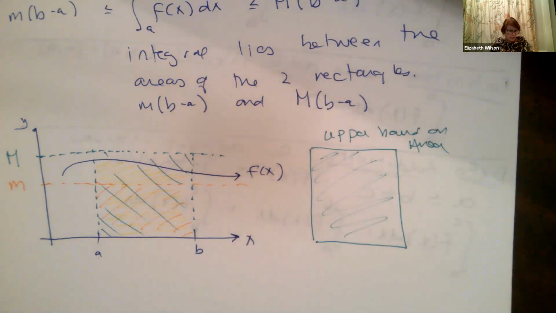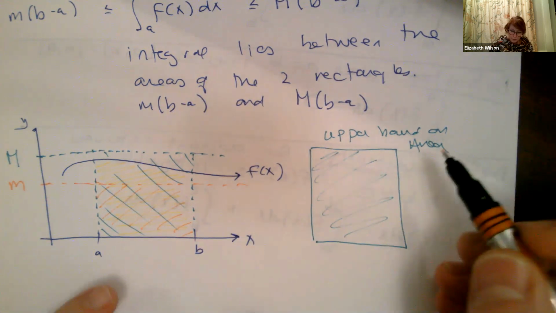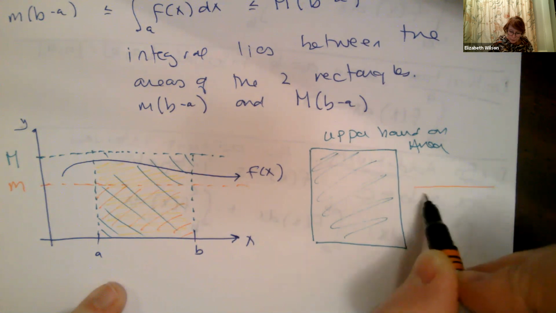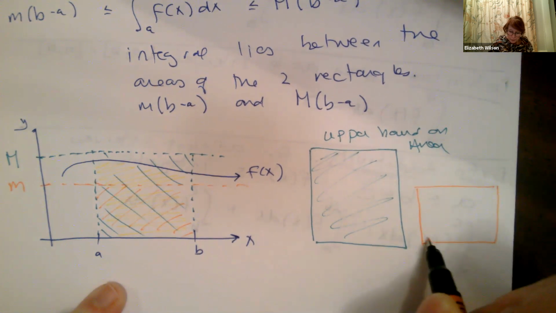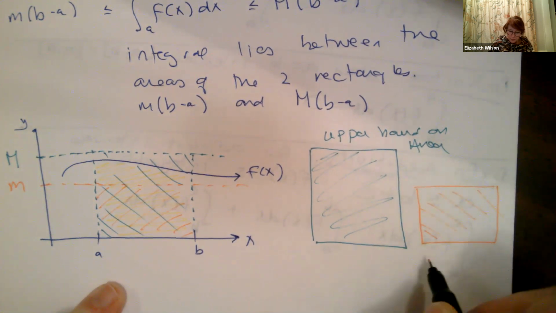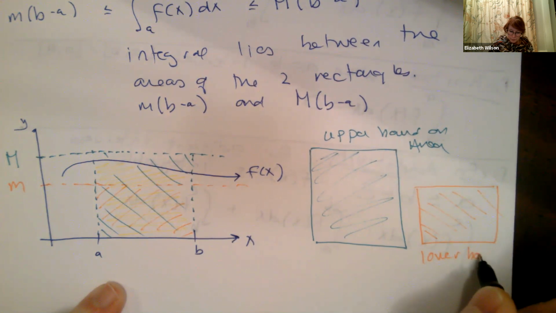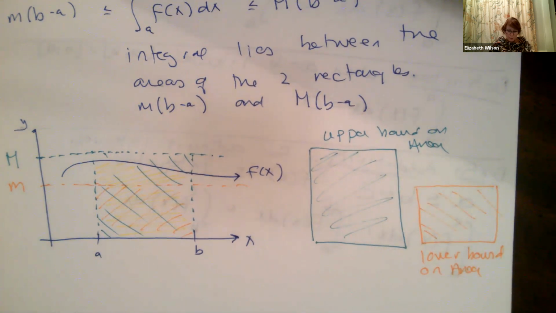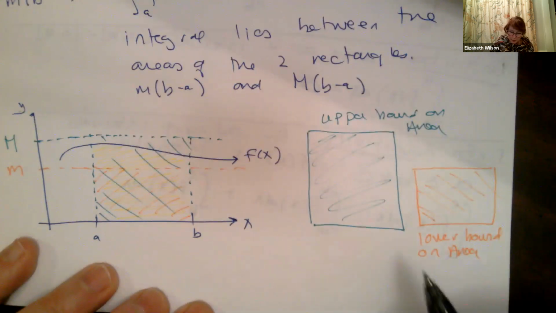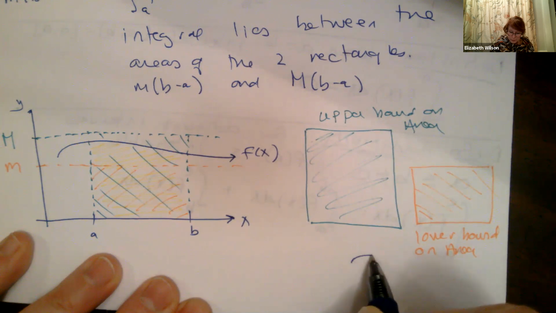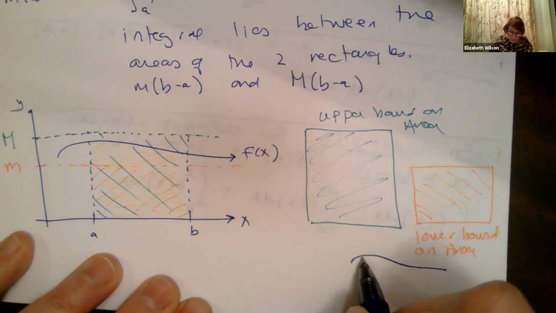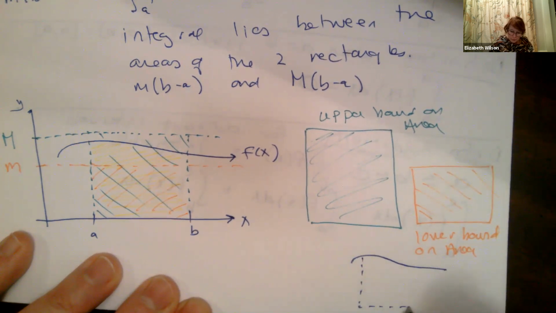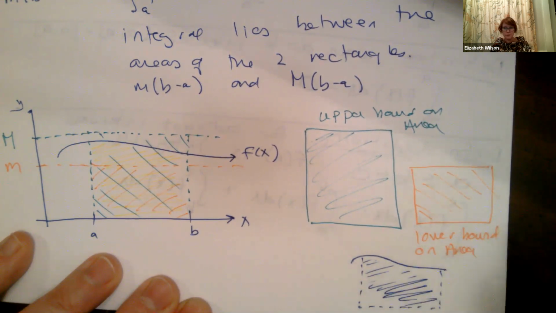And then my lower bound on the area, I'll do that in orange. My lower bound on the area. And the area of my function is like this. It's somewhere in between these two, okay?